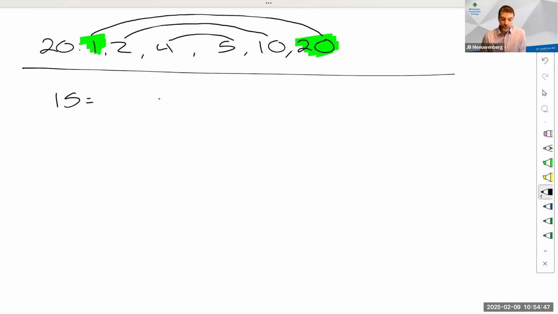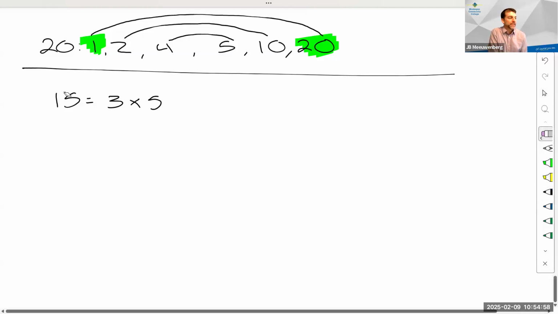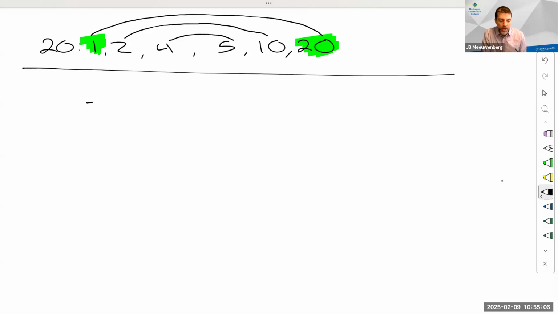The prime factorization is just 3 times 5. Actually, I think I'm going to use a different example for this. Instead of 15, I'm going to use the number 273. I know that's a much bigger number.